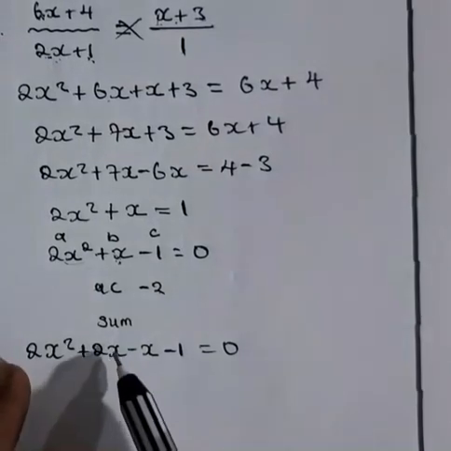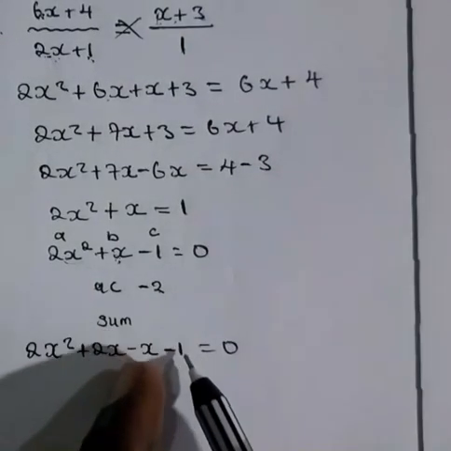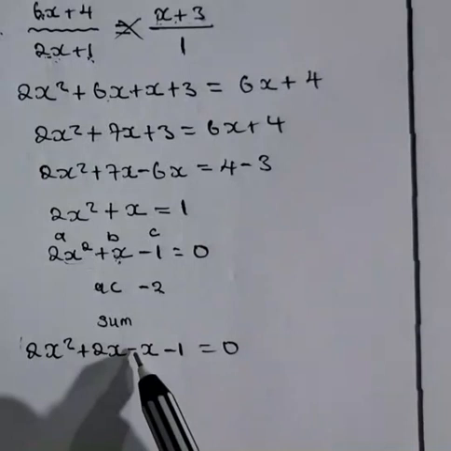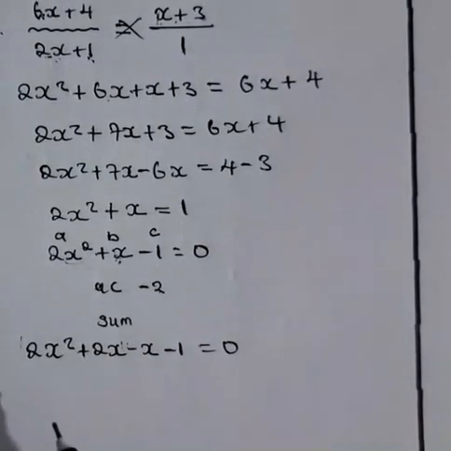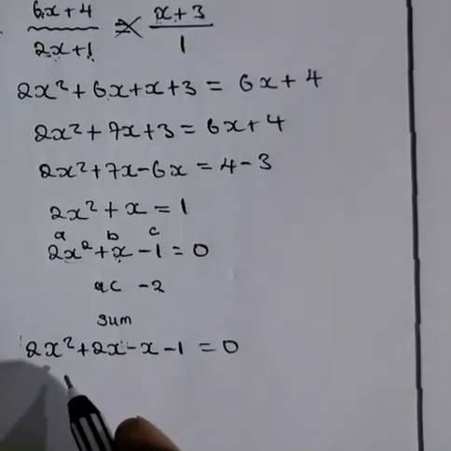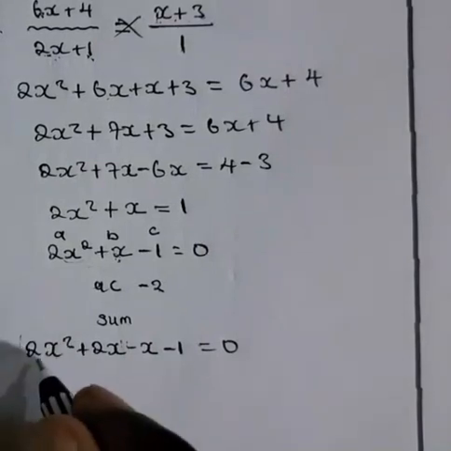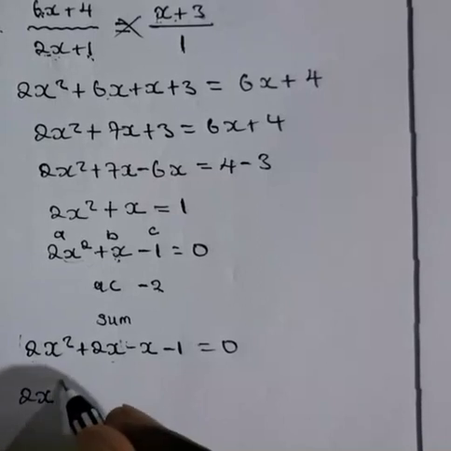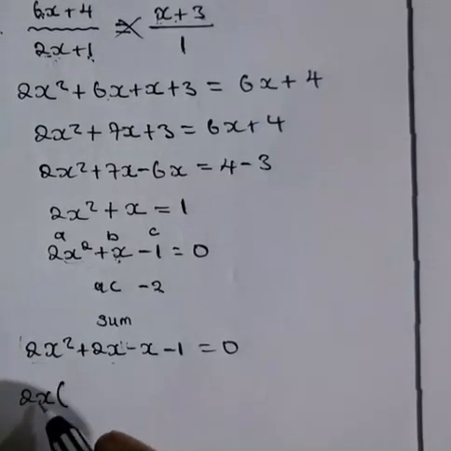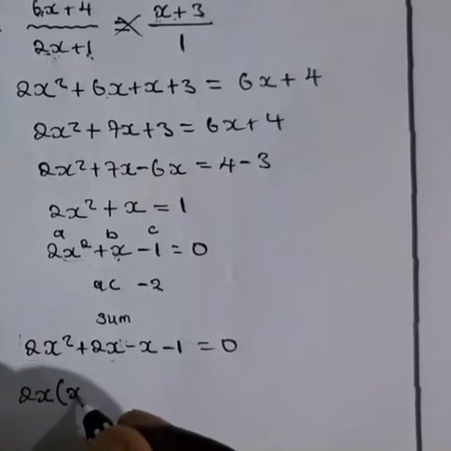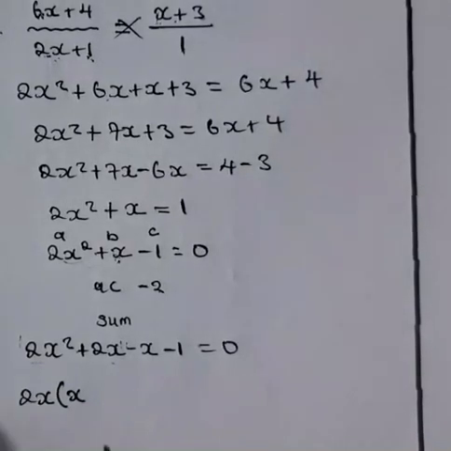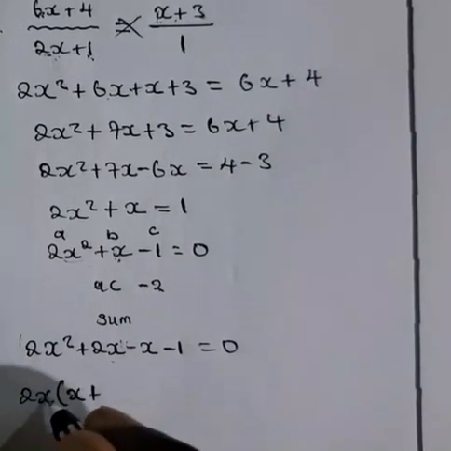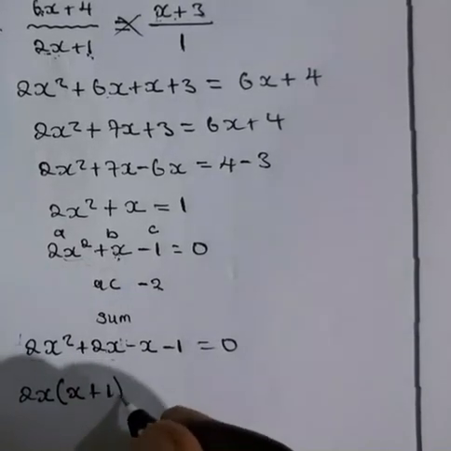So from there, we're going to demarcate here, and also here, so that we factorize. So what is common between this one and this one? It's 2x. Then 2x into 2x squared, that will be x, right? And then plus 2x into 2x, it's 1.